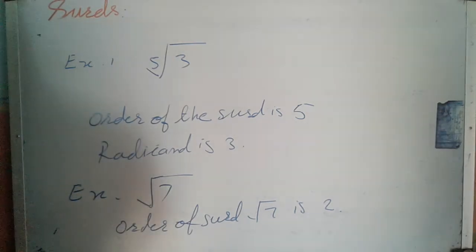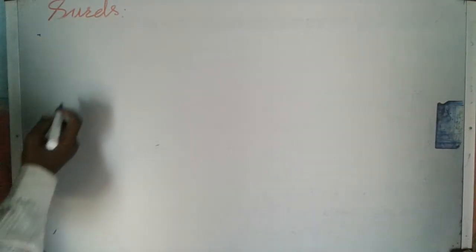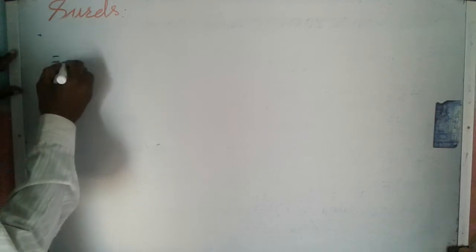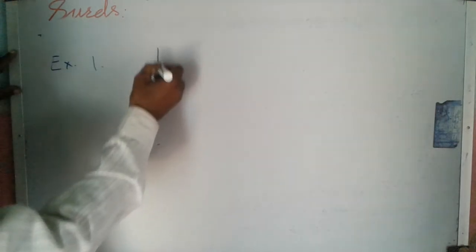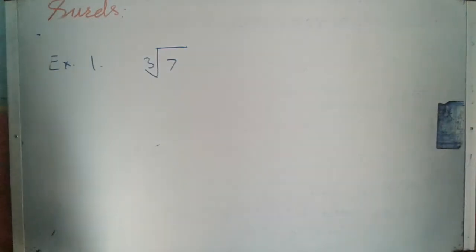Now see here some examples of surds. Example 1: the cube root of 7.